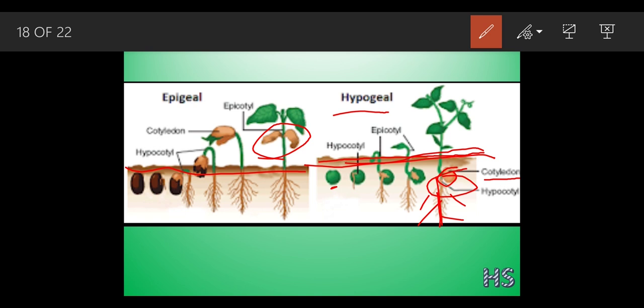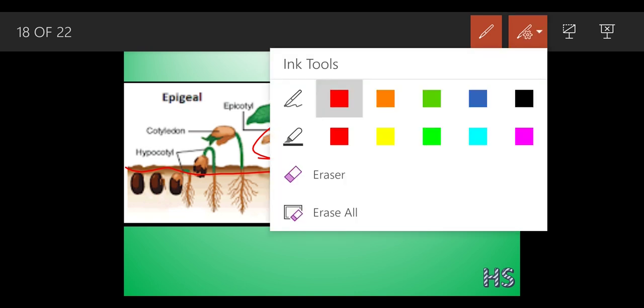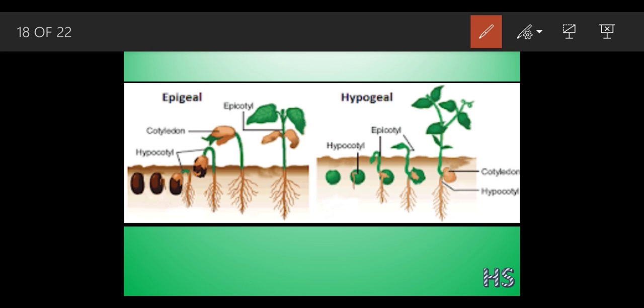Now, as we have completed epigeal germination and hypogeal germination, I just wanted to make you understand one of the terminologies related to both of these. Where is the cotyledon?